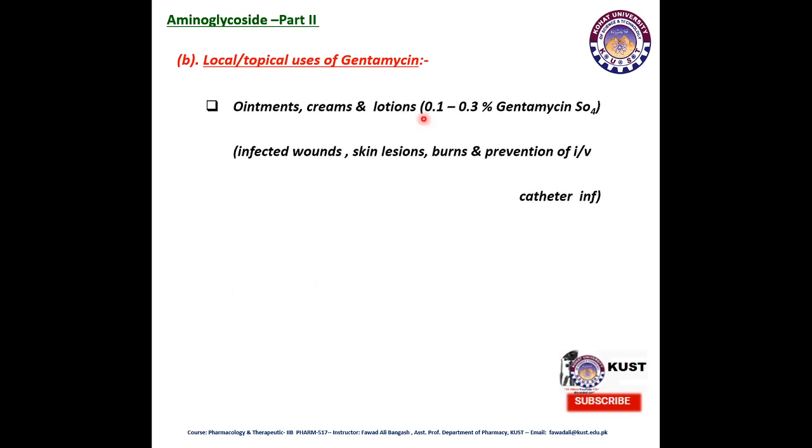Local or topical uses of gentamicin: ointment, creams, lotions, for example 0.1 to 0.3% gentamicin sulfate. Used in infected wounds, skin lesions, burns, and prevention of IV catheter infections.